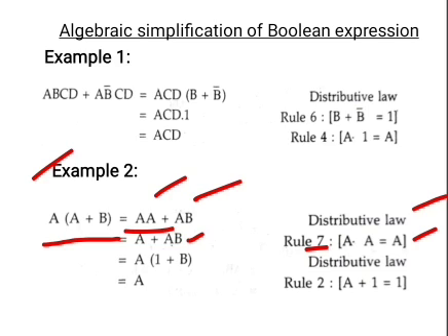I am taking the common A from this equation, A into 1 plus B, by using the distributive law. So 1 plus B equals 1 because the rule number 2 says A plus 1 equals 1. So 1 plus B equals 1. So 1 into A equals A.